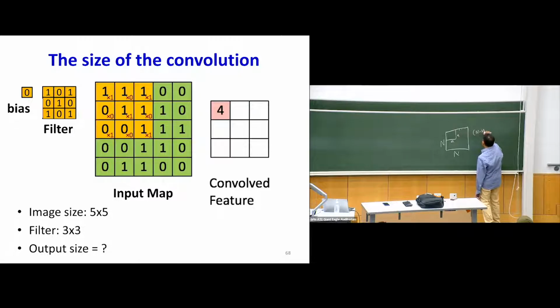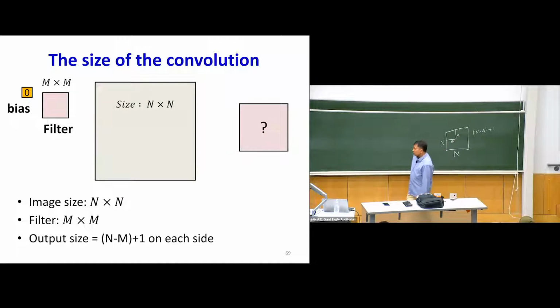So I can take n minus m steps forward, but then I also have this initial position where I placed it. So you're going to have n minus m plus 1 on each side, and so your output is just going to be n minus m plus 1 on each side. If your filter is m wide, you're going to lose m minus 1 columns. If it's m deep, you're going to lose m minus 1 rows.